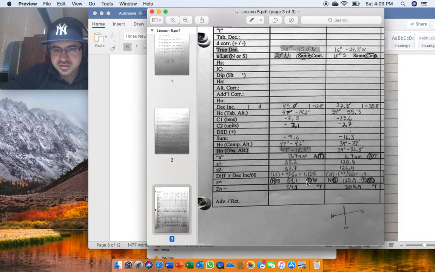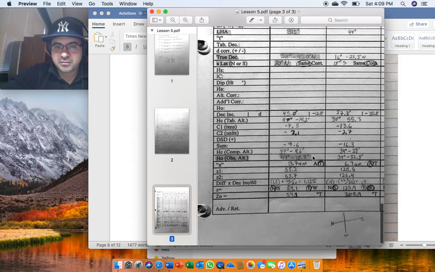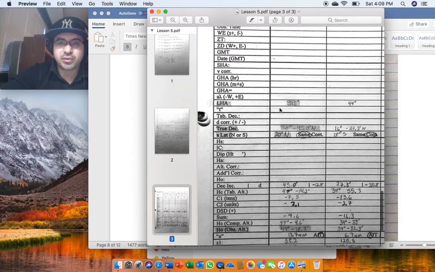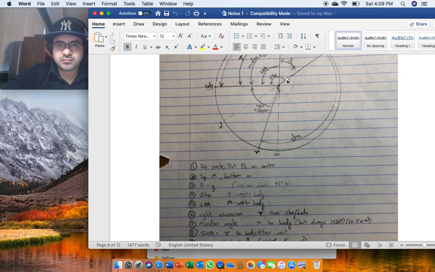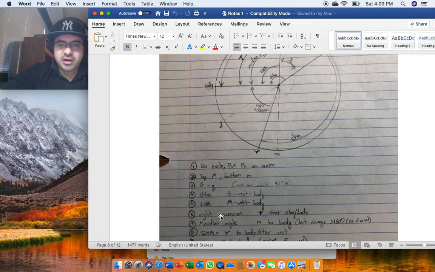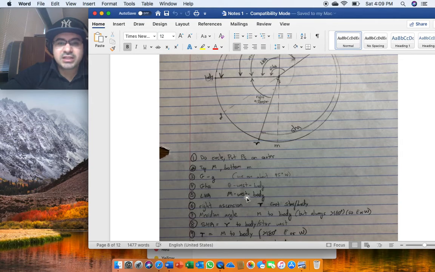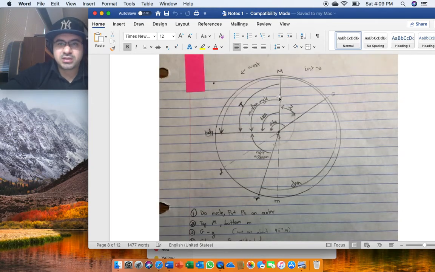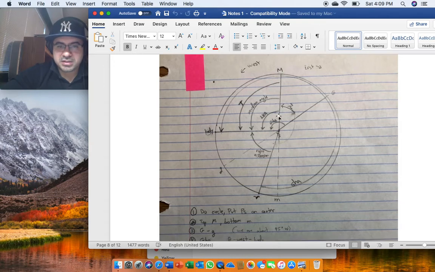Okay, so it's east, right? So our LHA is 315, right? Which on this diagram, remember that M is always at the top, the small m is here, and your LHA is M west to the body, right? So it's M. Where is it?